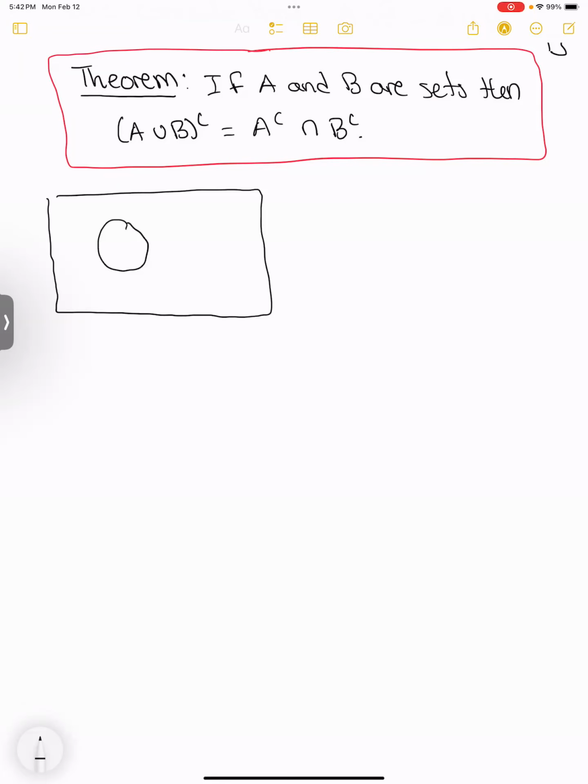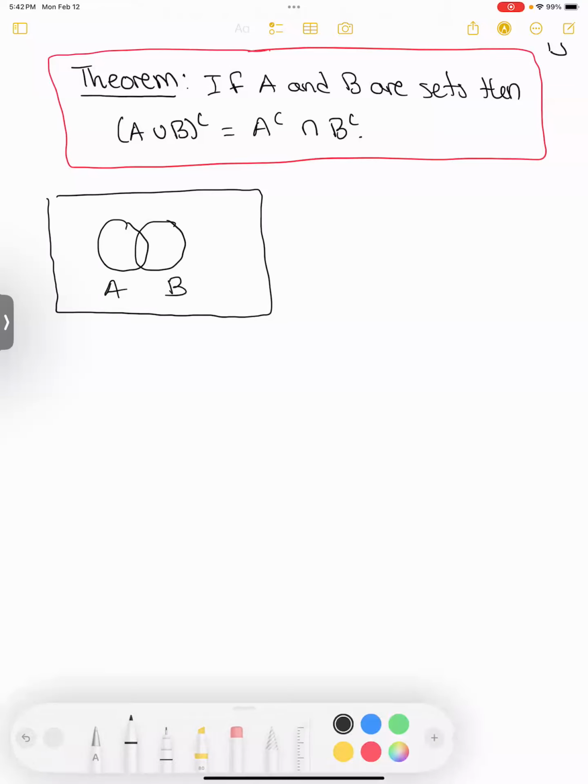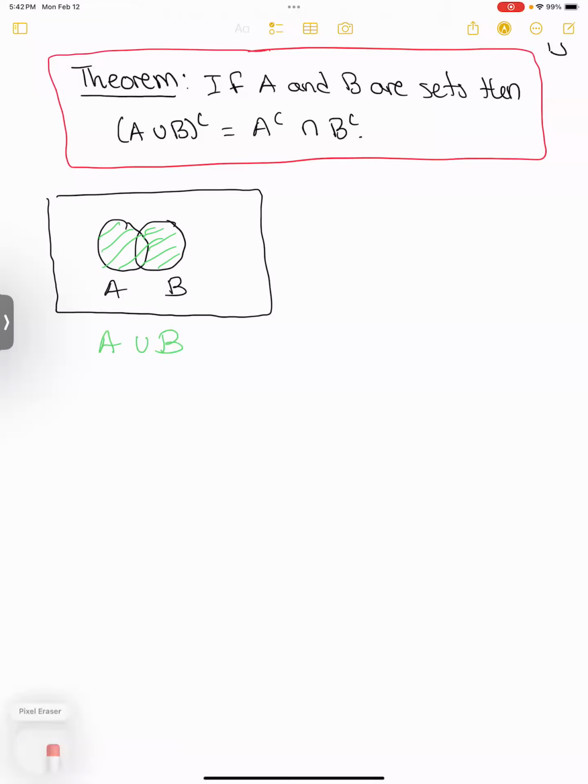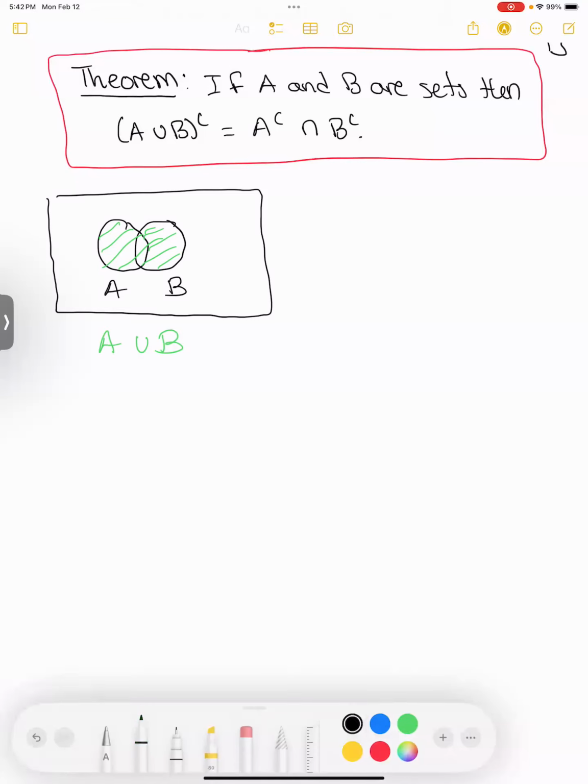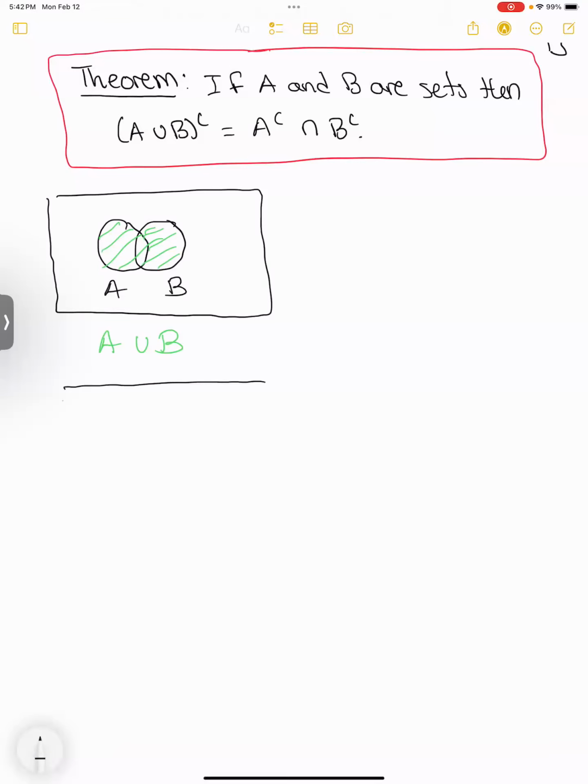So we have A union B here. So we have A and B. And if I just union the two of them, then I'm just talking about this guy here. So that's A union B, right? Okay, but if I want A union B complement, then the picture is, again, I'm using the rectangle to denote some universal set.